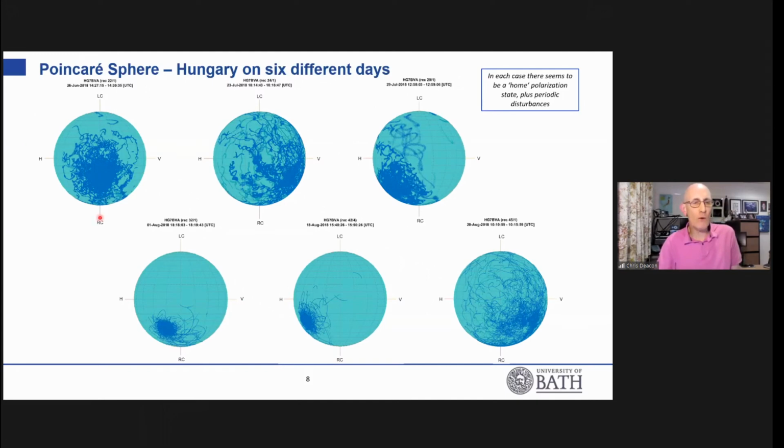And it's on the right-hand circular half, it's on the southern hemisphere, and it's on the front of the sphere in this particular representation, which does actually correspond to the top right-hand quadrant on the ellipse representation.